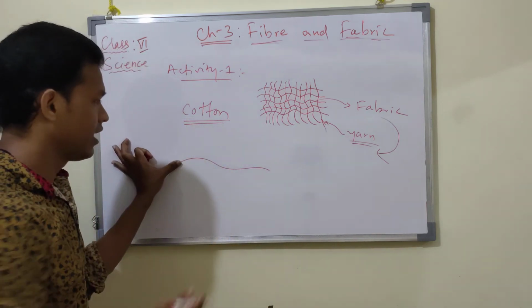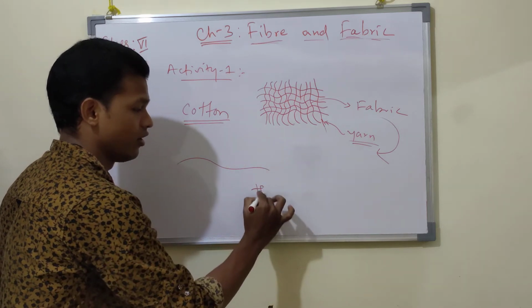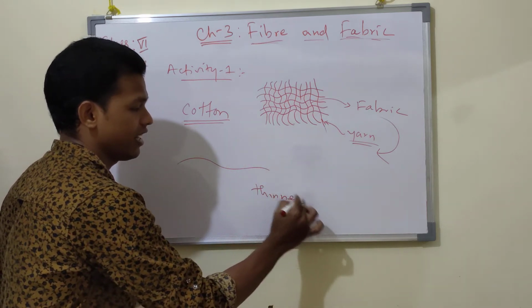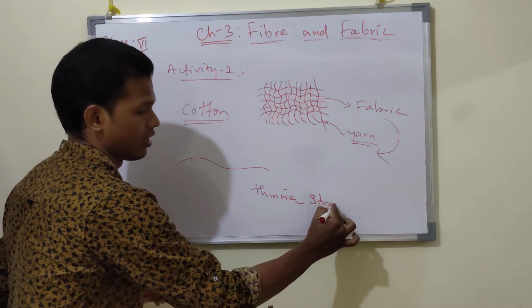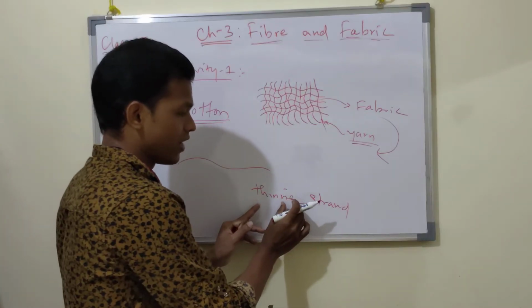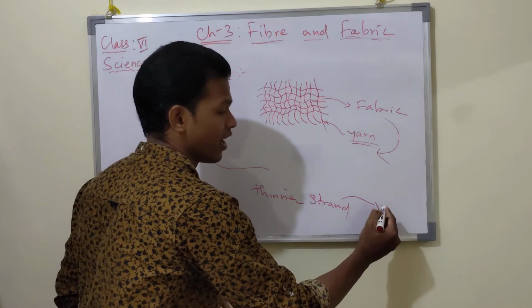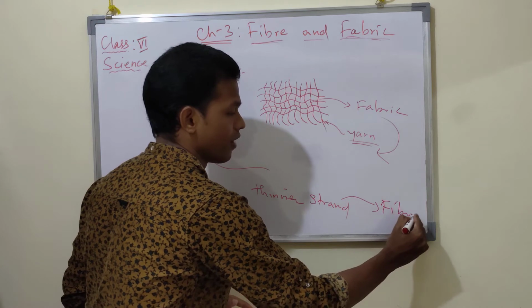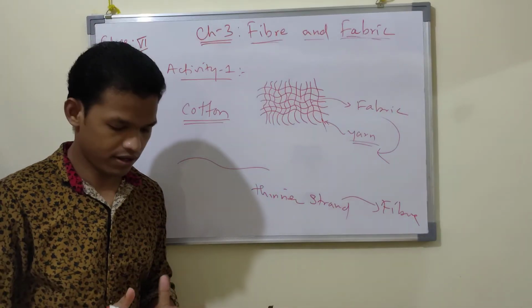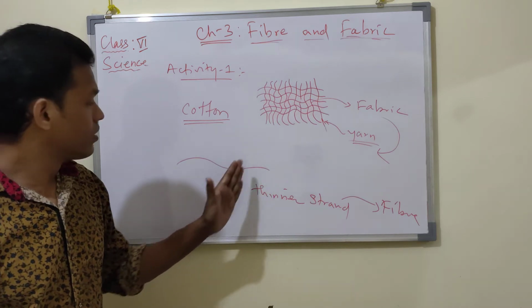You press this end and pull this end. You will find again a thinner strand. Again, if you separate this thinner strand, then you will find fiber. You will find fiber. So I hope you understood this.